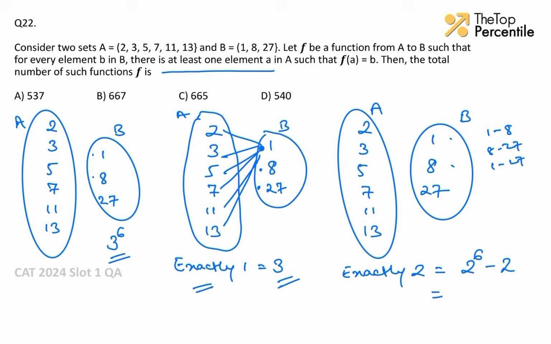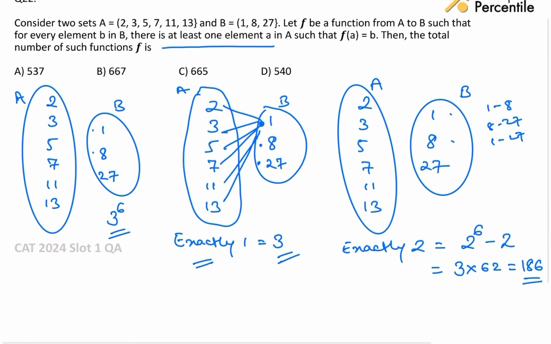So 2 to the power 6 gives me 64. 64 minus 2 is 62. So this will give me 3 into 62, that is 186. This is for exactly 2.